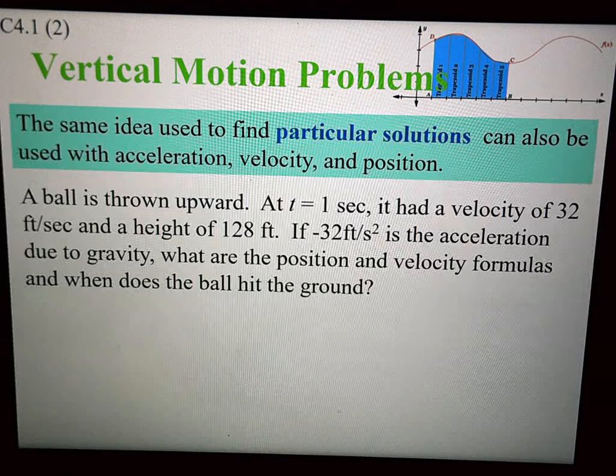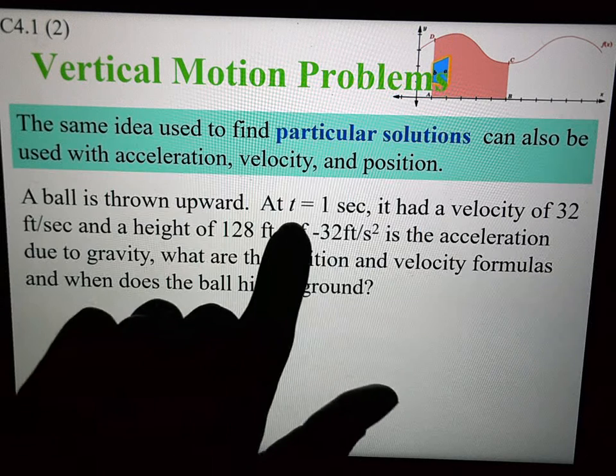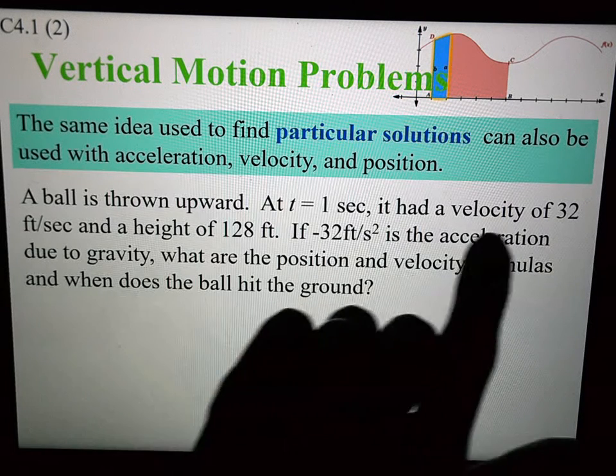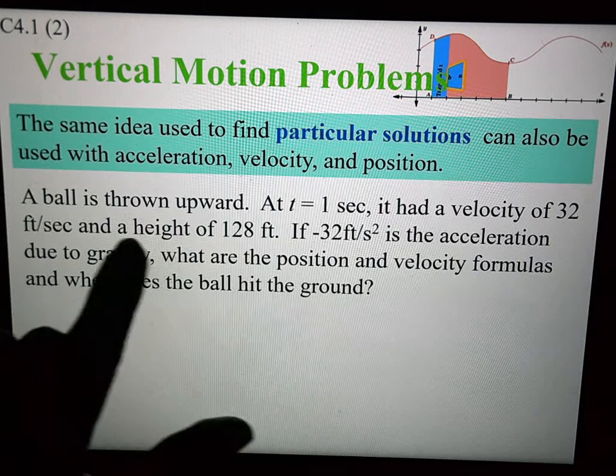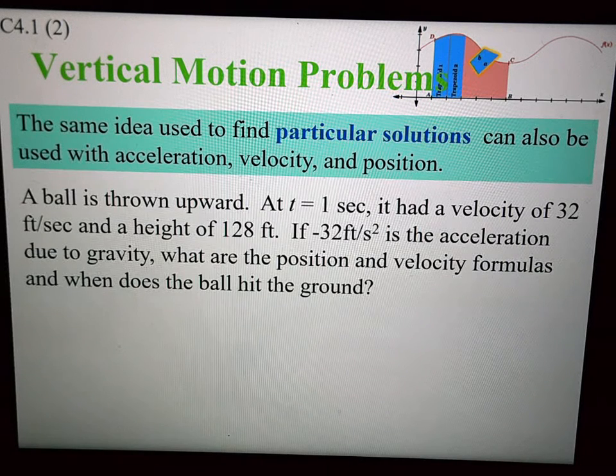Those of you going into AP Physics 1 next year, this is also going to be easy for you. A ball is thrown upward at t equals 1 second. It had a velocity of 32 feet per second and a height of 128 feet. If negative 32 feet per second squared is the acceleration due to gravity, what are the position and velocity formulas, and when does the ball hit the ground?